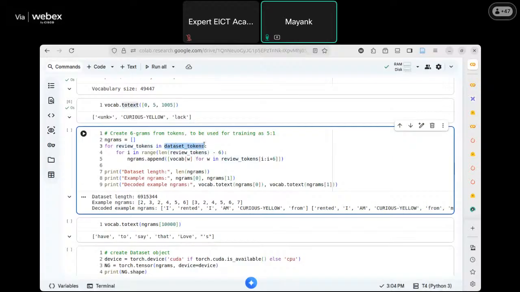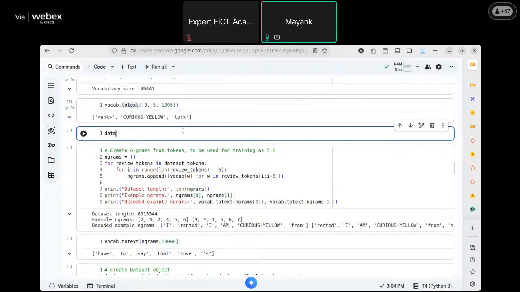So dataset tokens are all the tokens. For each particular review, we iterate until the length of the review minus 6, because the last one will have all 6 tokens, and then we create this n-grams array. Let me show you what this dataset tokens looks like.